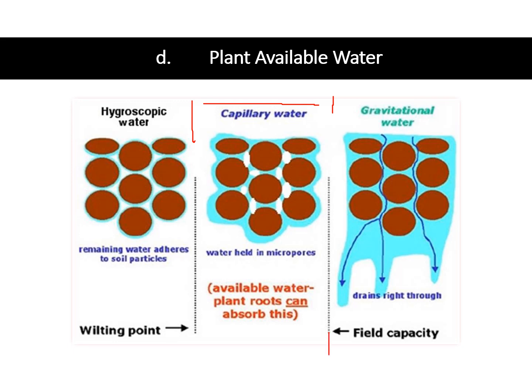This is permanent wilting point, and this is plant available water, because we'll see in the next slide that we can also indicate it in the form of water potential. But the simple way is that when the gravitational water has moved down, the remaining water is plant available water until the permanent wilting point is achieved.